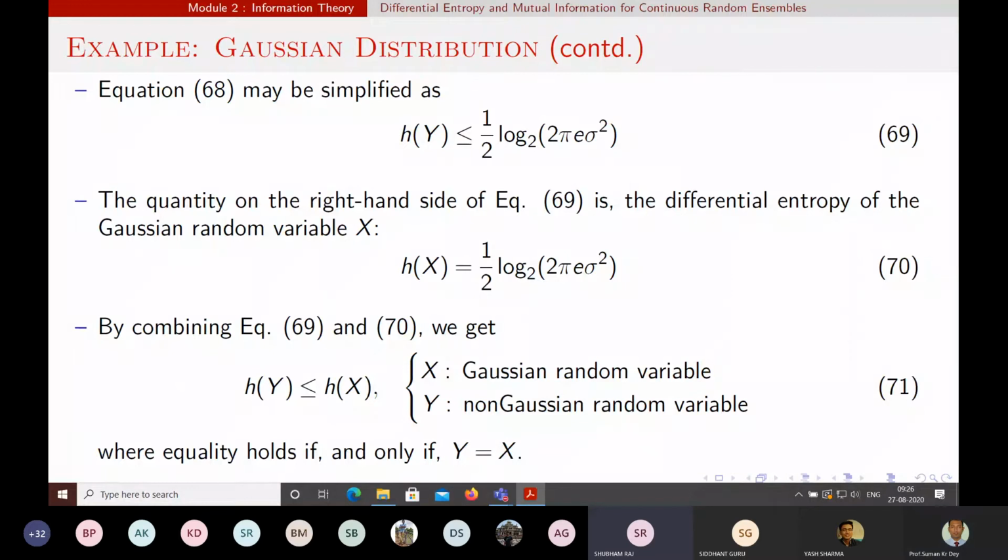Suppose in this expression we replace the reference point. When you calculate the differential entropy for random variable y, the reference point was x. Now, if we replace the value x over there, what will the equation be? It will be equal. So we can say h of y equals this term and h of x equals this term, and both are the same when y equals x.